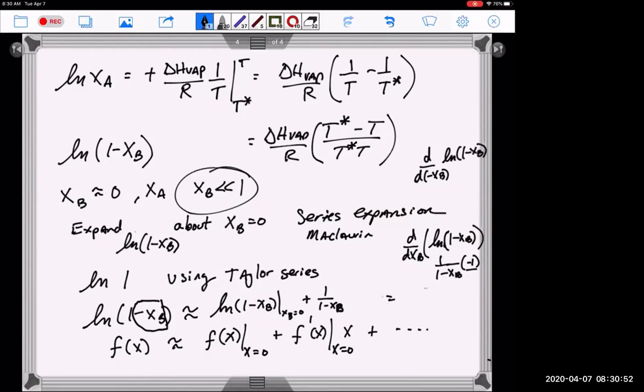If we treat it as minus xb, then the derivative is positive, but we have to put minus xb outside in the term we're taking the expansion of. How about we do it this way, since it's probably much more standard.